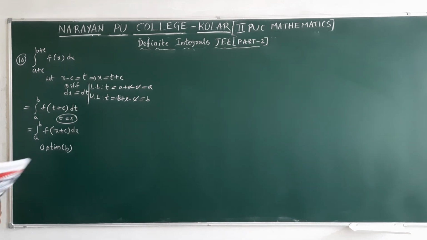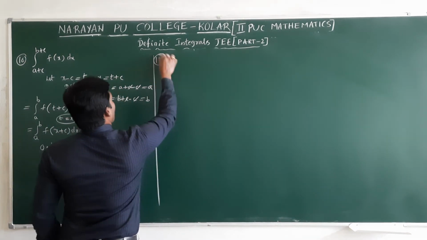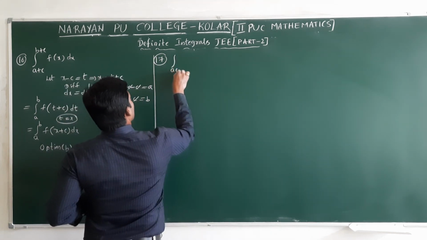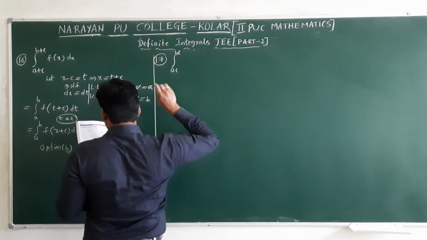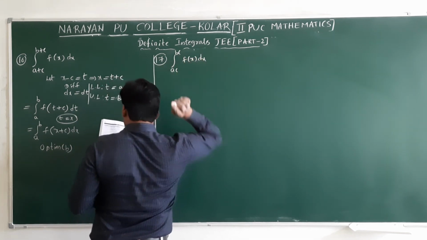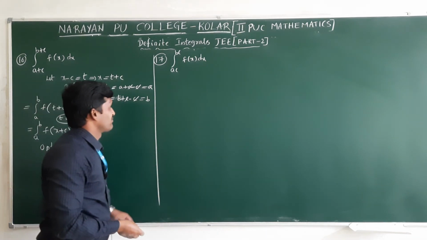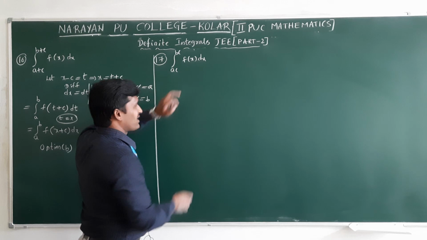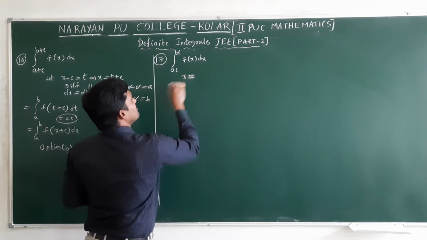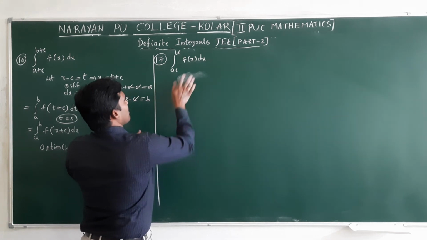Next, coming to question number 17: integral ac to bc of f of x dx. This also we need to simplify, where c is not equal to 0. Again observe, here multiplication is there, so we need to divide.